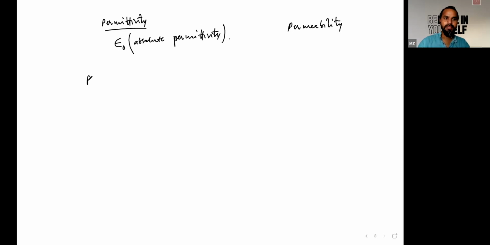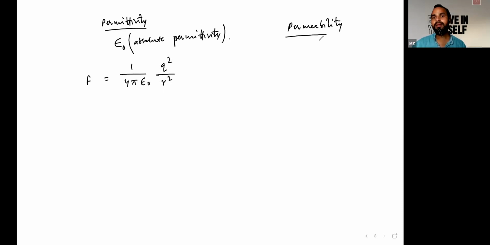For this, force is equal to 1 by 4 pi epsilon naught, charge squared divided by r squared. We have the dimension formula for force, the dimension formula for charge, and radius as well. Simplify it to get the dimension of epsilon naught.